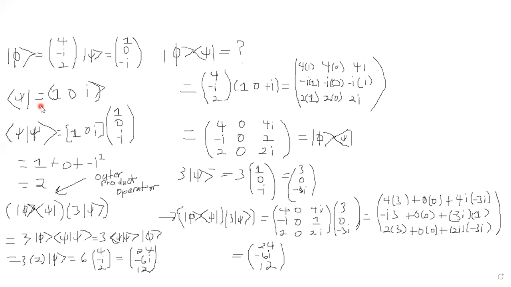Here's the ket, but here's the bra version of this ket, and you can see that when you do a bra, it is actually a row vector. There's a little mistake here, but you can see that if you have a complex number, you take the complex conjugate.